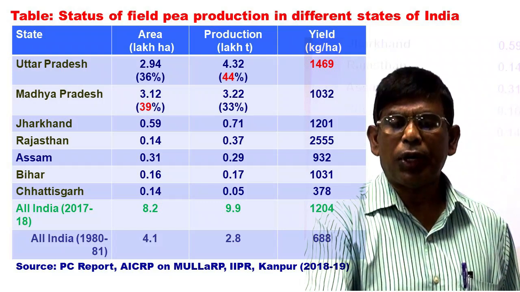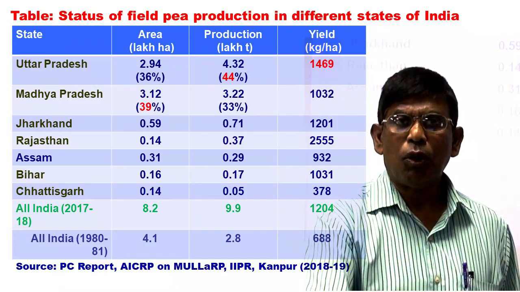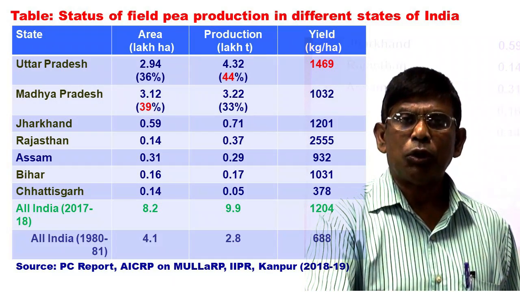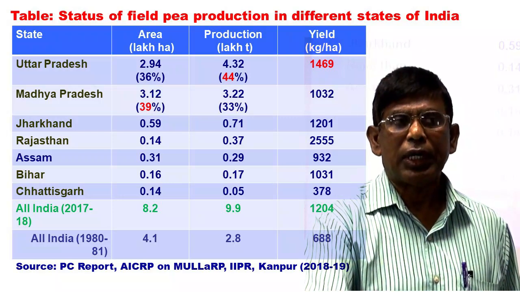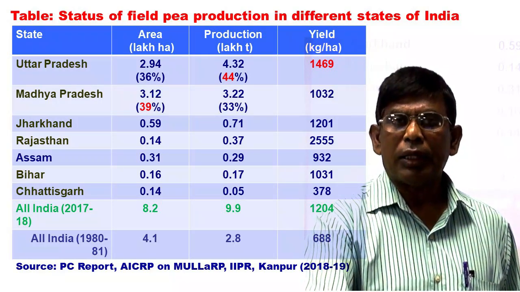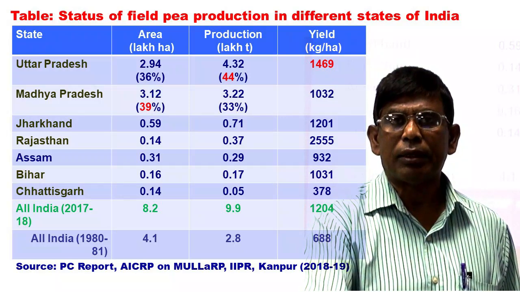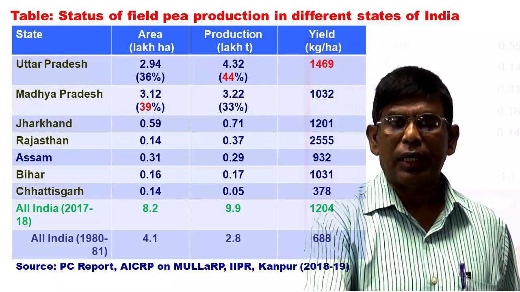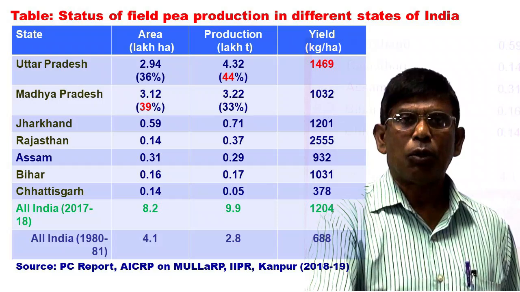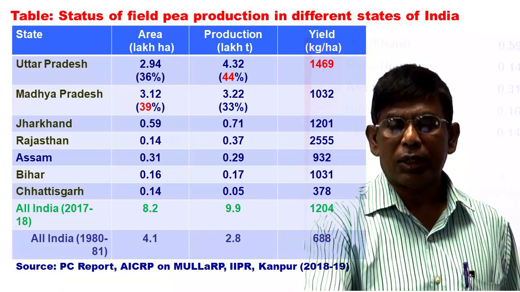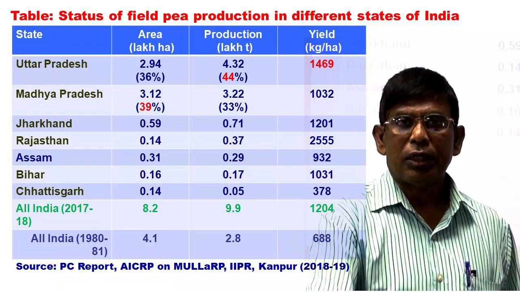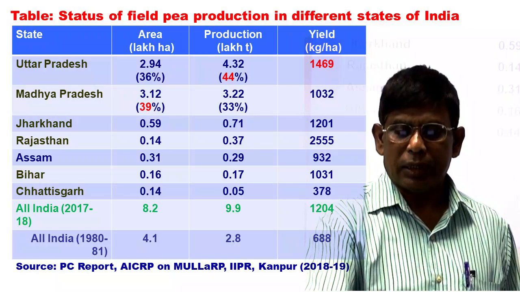Production was 2.8 lakh ton. So at this stage, production has increased more than 3.5 times, and that time yield was only 688 kg per hectare. That means nowadays we have reached almost double that, 1204 kg per hectare.